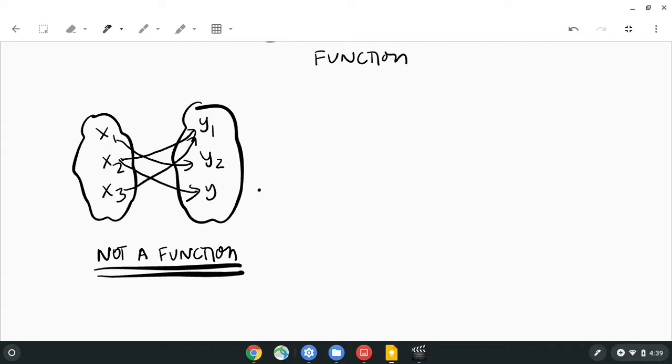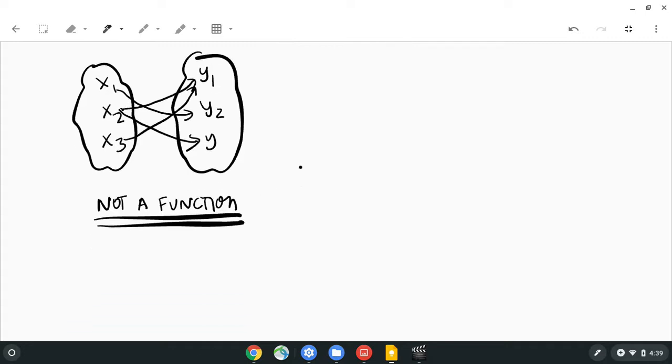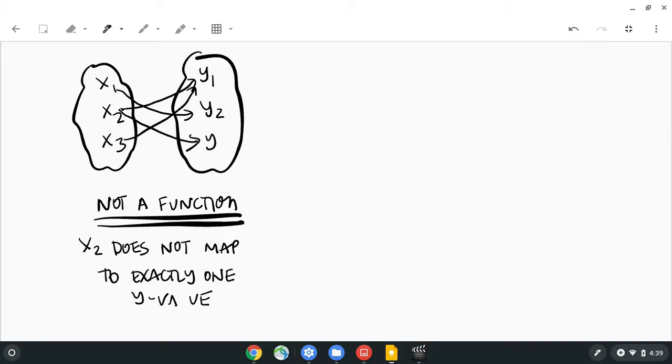It's getting mapped to 2. Okay, so not a function because x2 does not map to exactly 1 y value.